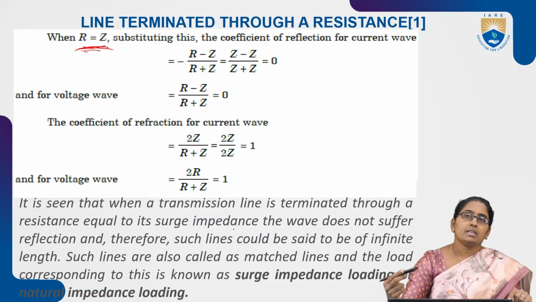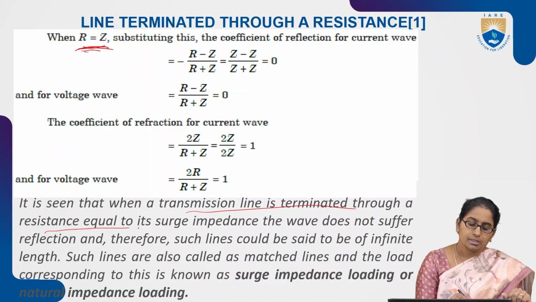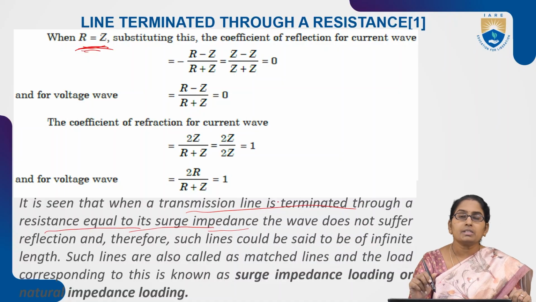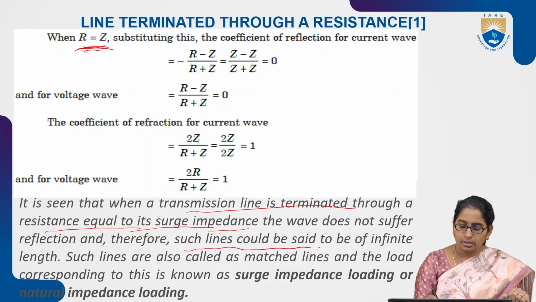Now, here there is a point. When the transmission line is terminated through a resistance value equal to its surge impedance, it does not suffer reflection. There is no reflection, and therefore such lines could be said to be of infinite length. Such lines are also called matched lines.